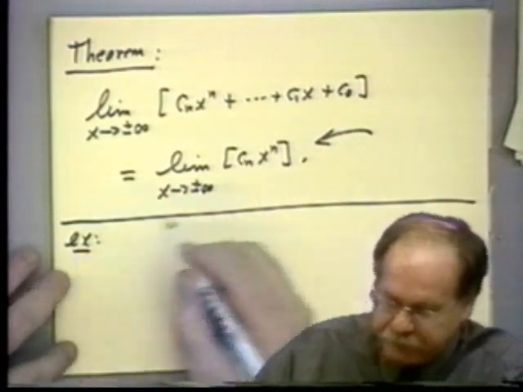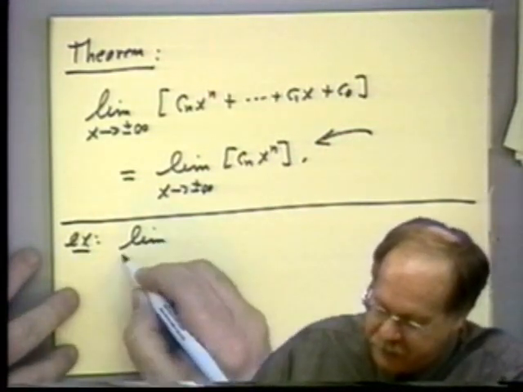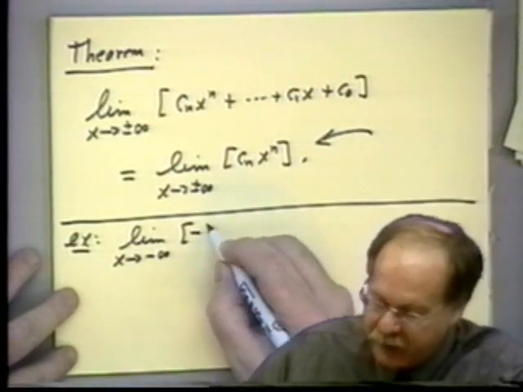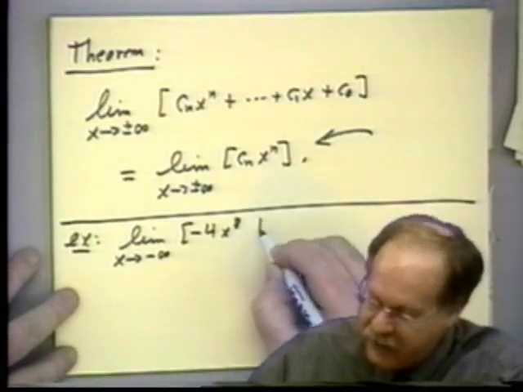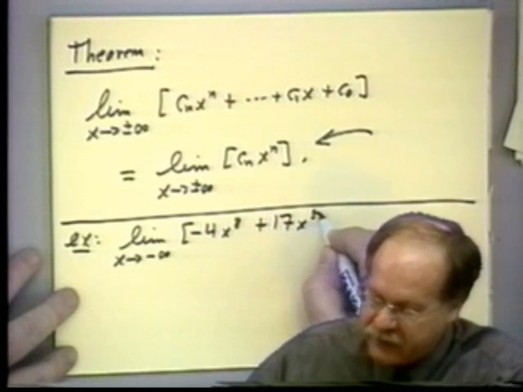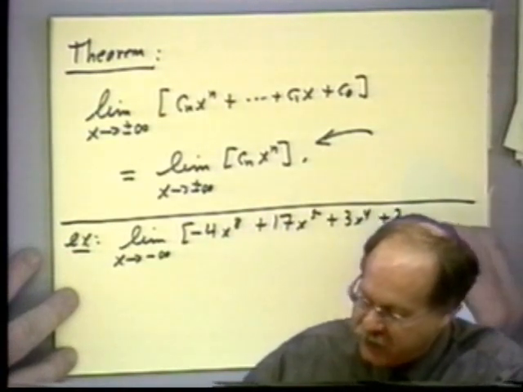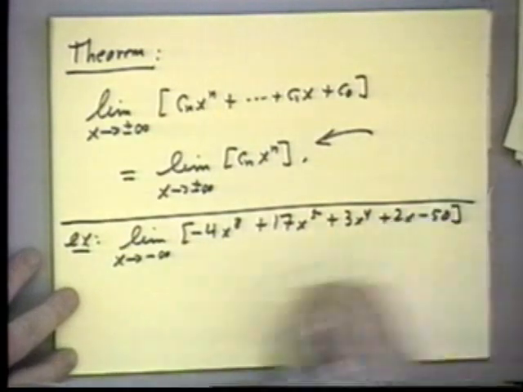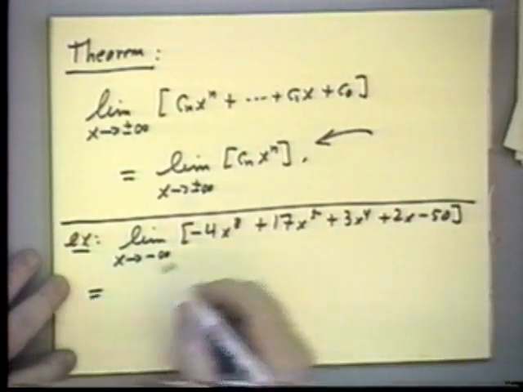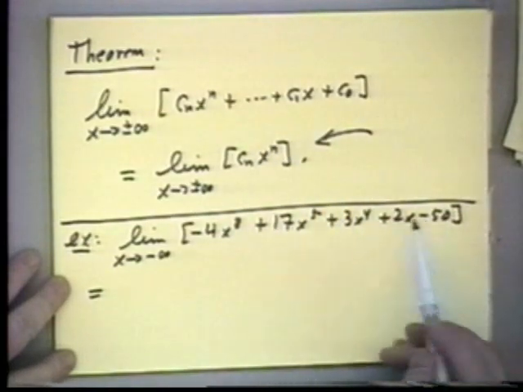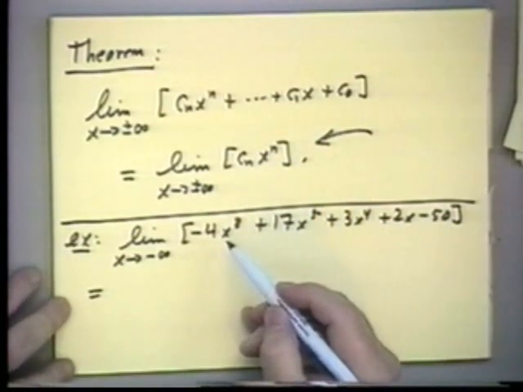Here's an example. If I take the limit, and let's go to minus infinity, say, of this particular polynomial, minus 4x to the 8th plus 17x to the 5th plus 3x to the 4th, you can just make your own up, plus 2x minus 50, then I know from this previous theorem that I can ignore all of this stuff to the right and just concentrate on this highest power.